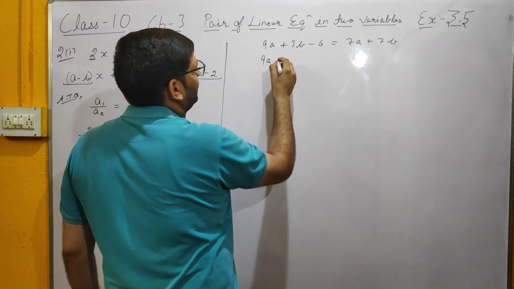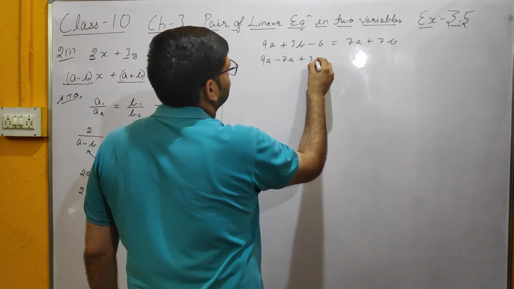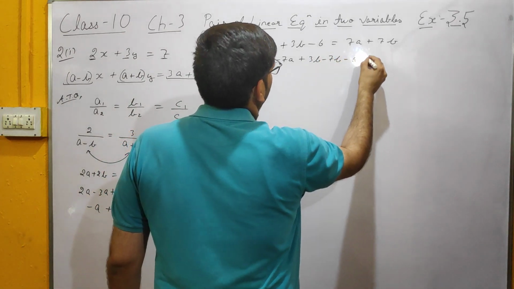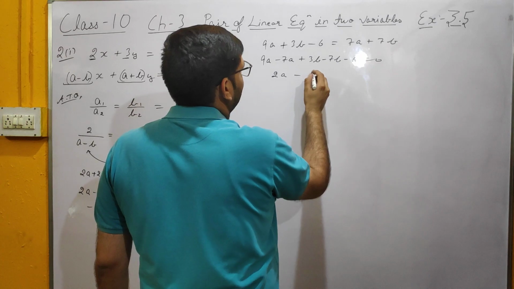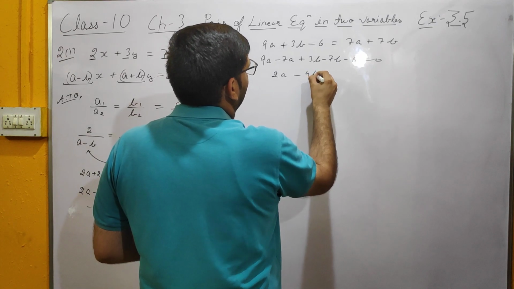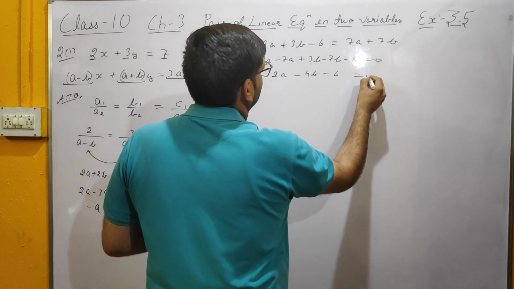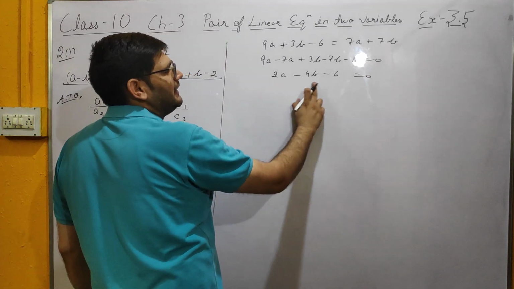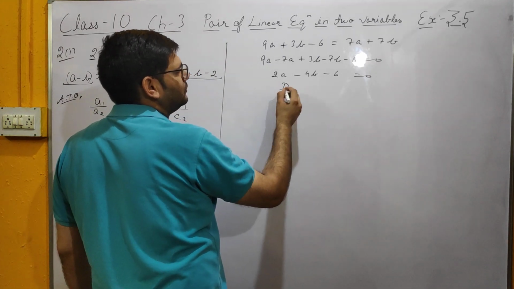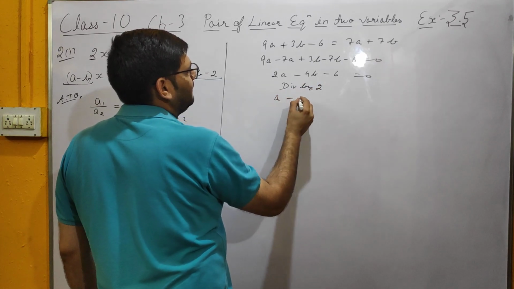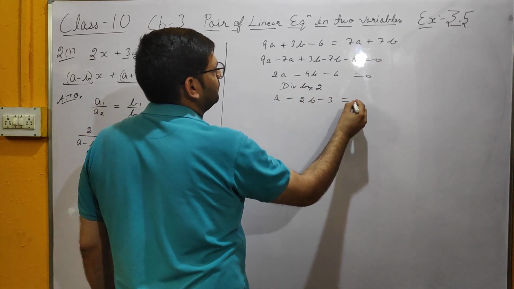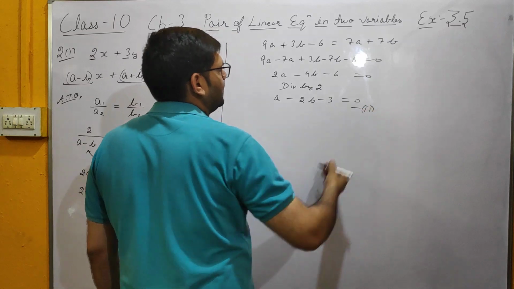So 9a minus 7a plus 3b minus 7b minus 6 equals 0. 2a minus 4b minus 6 equals 0. Here we can divide this equation by 2 to cut short it. Divide by 2. So a minus 2b minus 3 equals 0. This is our second equation.